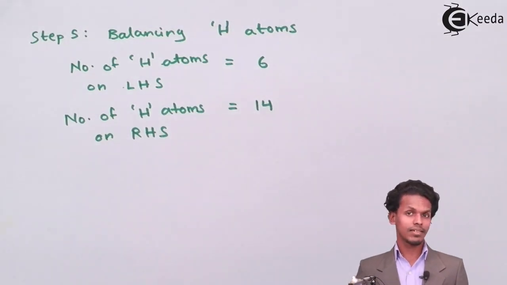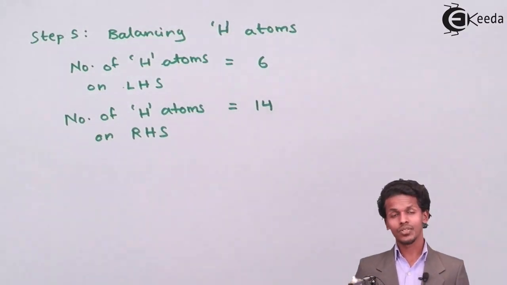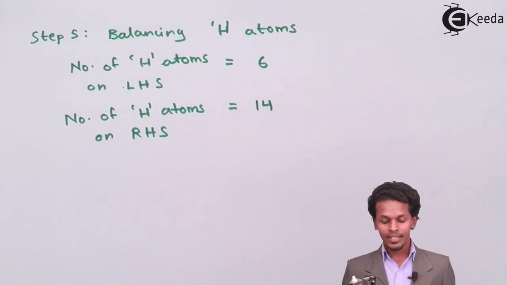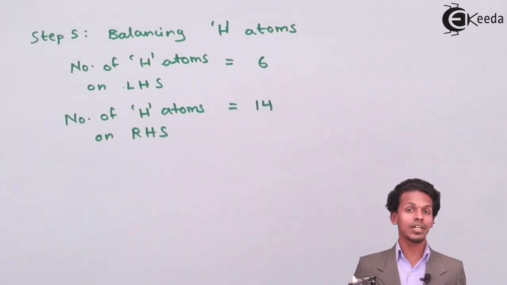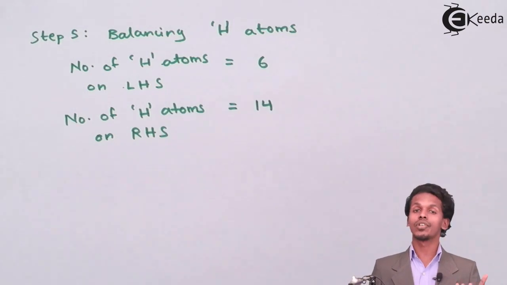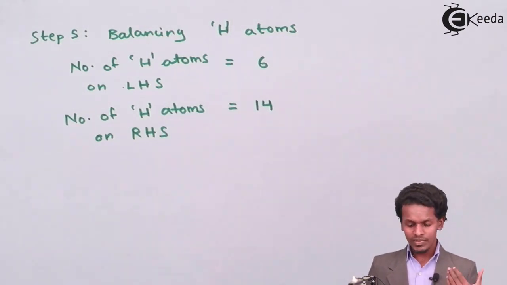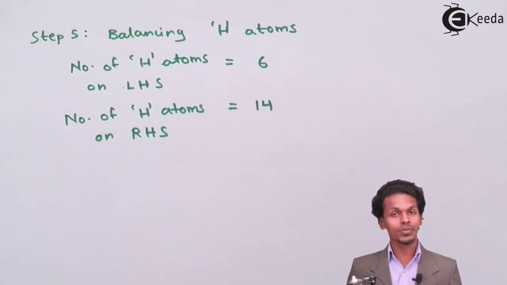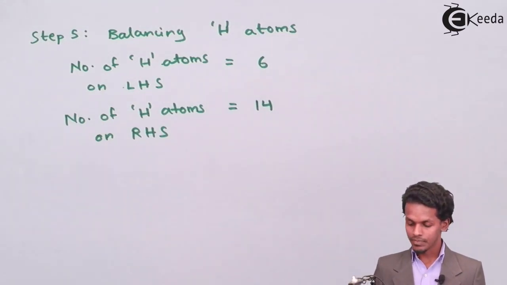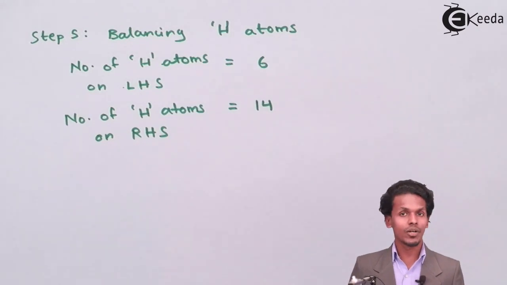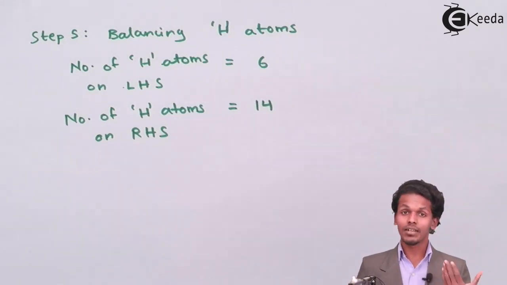Again, if we observe this, we can see that the number of hydrogen atoms is deficient on the left hand side, or on the reactant side. So there is a deficiency of around 8 atoms of hydrogen which are not present on the left hand side.